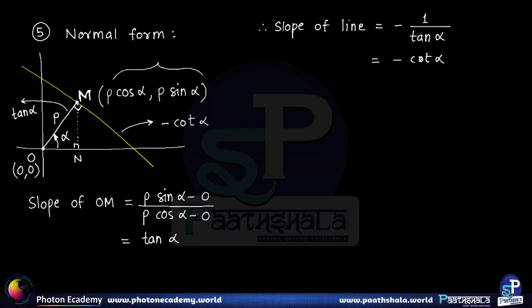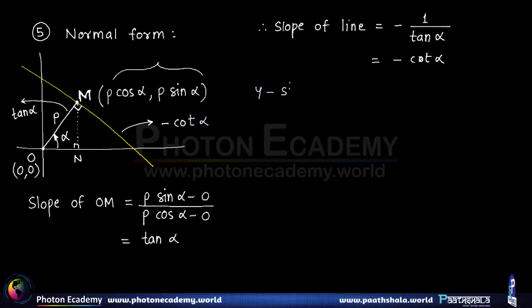Now using the slope point form, because we know the slope and one point, we can easily write the equation of the line as y minus y1, that is y minus p sin alpha, is equal to m into x minus x1, where m is minus cot alpha, and x minus x1 is x minus p cos alpha.